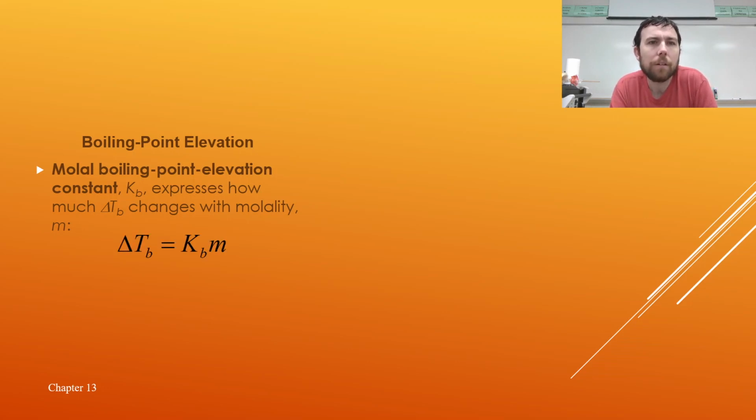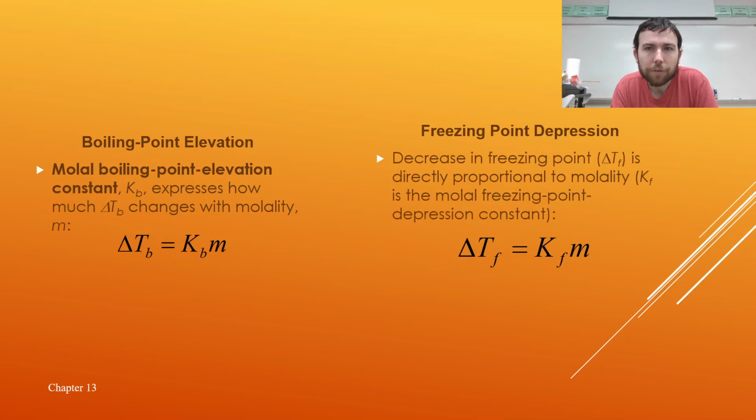Now, boiling point elevation can be determined using this expression right here, delta Tb equals Kb times m, right? So the change in boiling point equals the molal boiling point elevation constant times the molality of our solution, right? And likewise, freezing point depression. This is going to show us the decrease in freezing point.